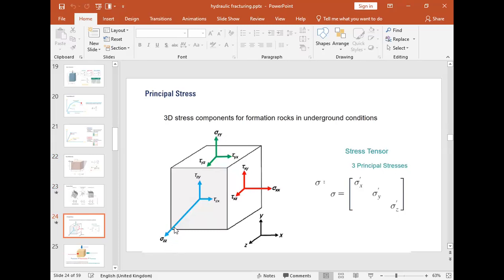The stress that is perpendicular to each of the surfaces of this particular rock sample is called our normal stress. So on each surface, we have three stresses that are acting. We have the normal stress that is acting perpendicular to the surface. Then we have two shear stresses that are acting parallel to the surface. This normal stress is coming in to cause the material to deform, thereby causing what we call normal strain. So we have normal strain and we have shear strain.